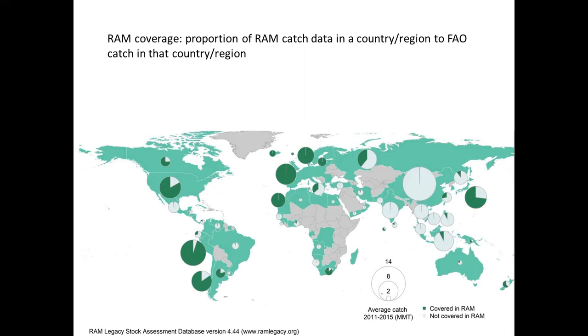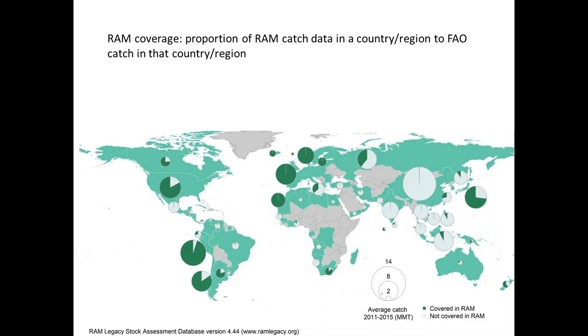What you see is that most of the North Atlantic is particularly well covered. The European countries, ICES countries, you see down the Mediterranean, it's less than half. North America, pretty good coverage. South America, Peru, Chile, Argentina are pretty well covered. In addition, Japan over on the far right is well covered.